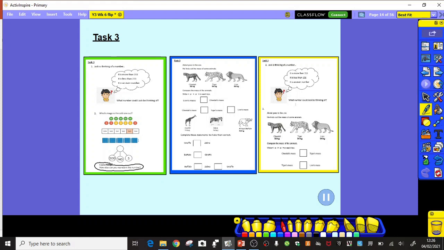So think of another way that you could show the number other than with Deans, with tens and ones counters, or on a number line. Blue group, you've got some animal questions comparing the weight of the different animals, comparing the animals' mass. And yellow group, you've got one thinking of a number question and one animals question. So, time for you to have a go.